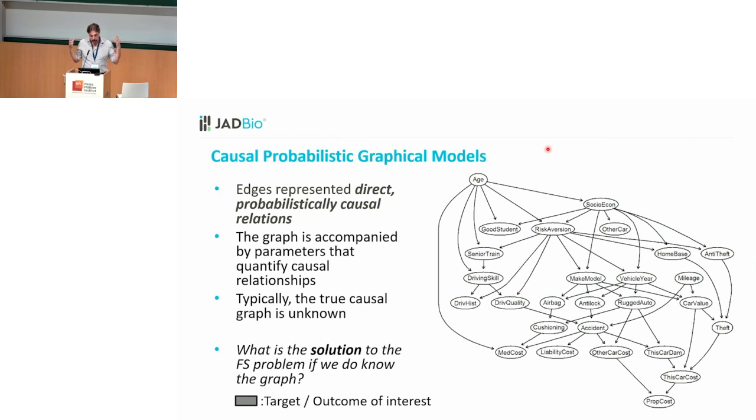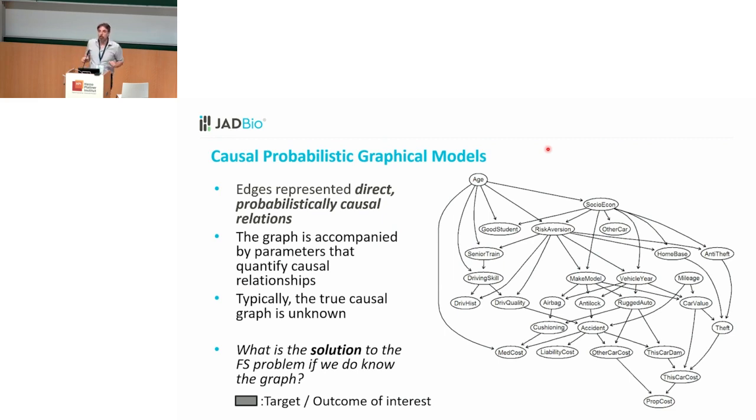In these models, edges represent direct probabilistic causal relations, meaning nothing intervenes in this causation, and the graph is accompanied by parameters, all right, to do quantified predictions, but let's not worry about this at the moment. And obviously, the true graph is unknown.